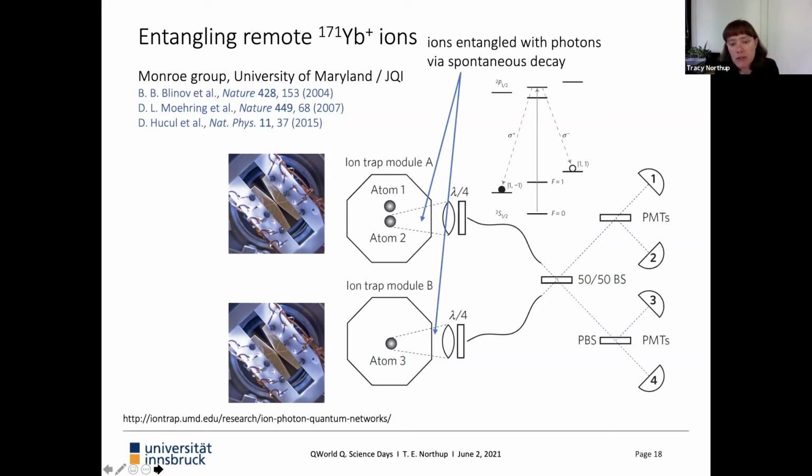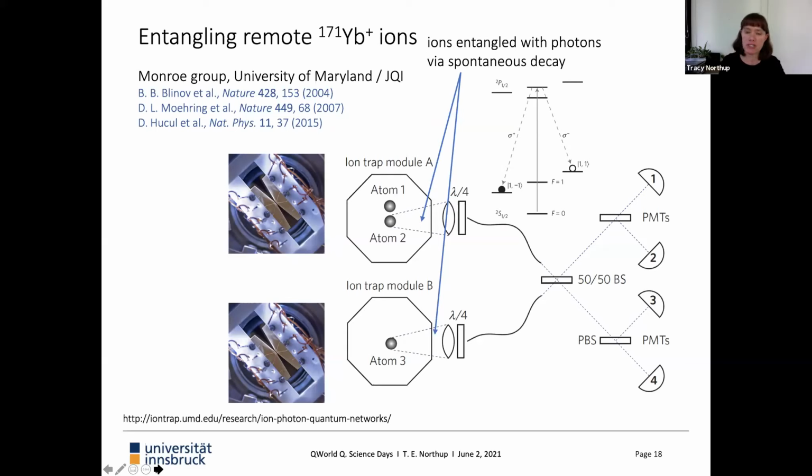And the key first step is to entangle each of two ions with a photon. And that entanglement happens via spontaneous decay. To be more precise, we're entangling the polarization degree of freedom of a single photon with the electronic state of the ion. And this is a sketch, again from this Monroe paper using ytterbium-171, where the ion is first excited with a short pulse to the P1/2 state of ytterbium-171.